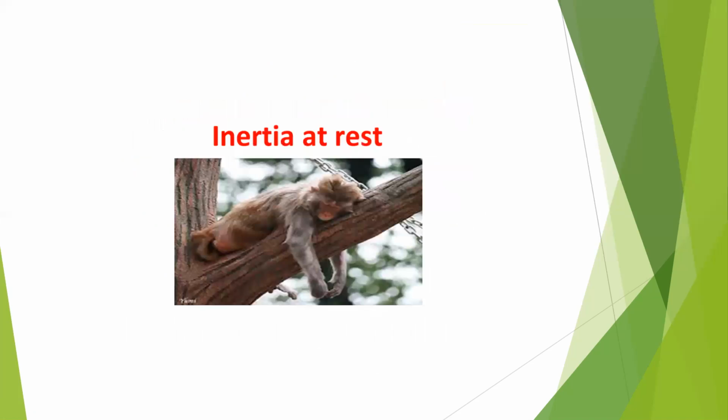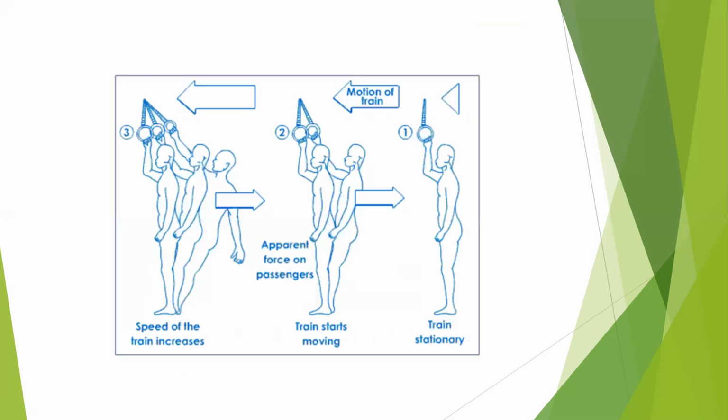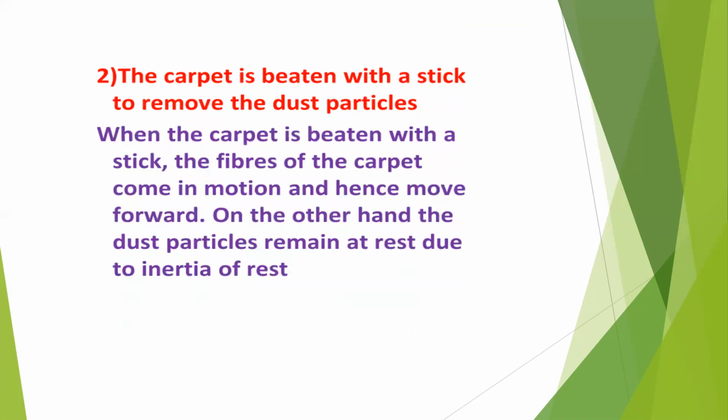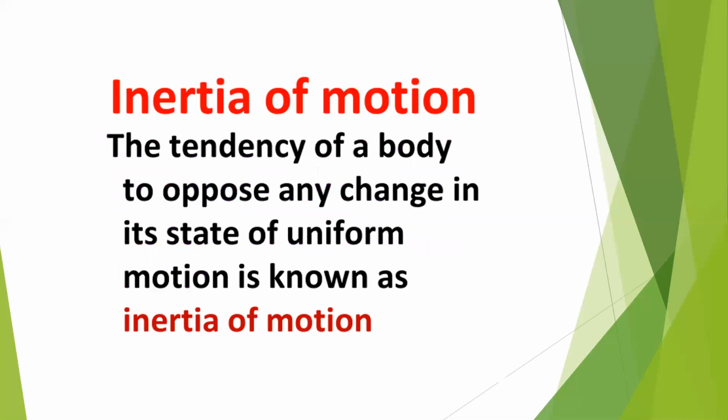For inertia of rest, we have seen the example. Due to rest, the tendency of a body to oppose the change when it is at rest is called inertia of rest. Inertia of motion is due to the motion: the tendency of a body to oppose changes when it is in motion.